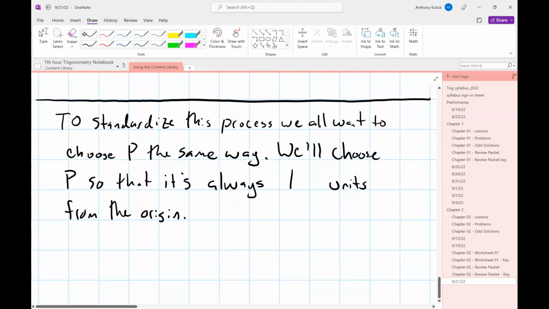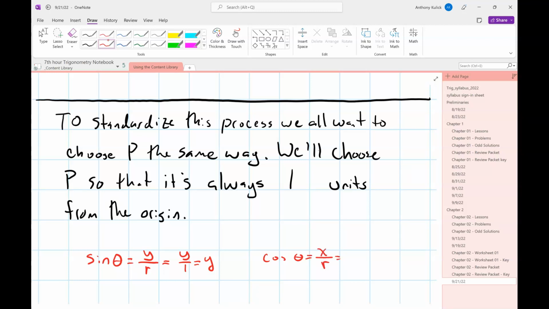So as a result, when we had sine of theta as y over r, this now becomes y over 1, or just y. Similarly, cosine theta, which was x over r, now becomes x over 1, or just x.